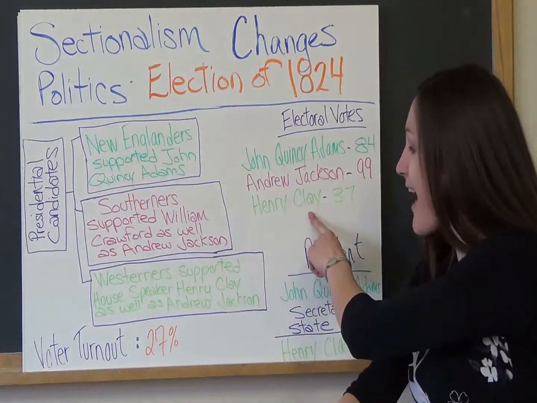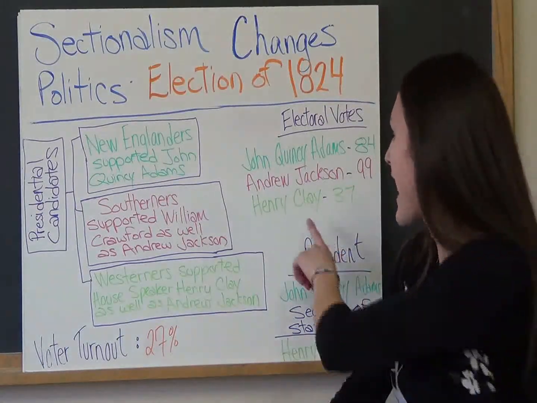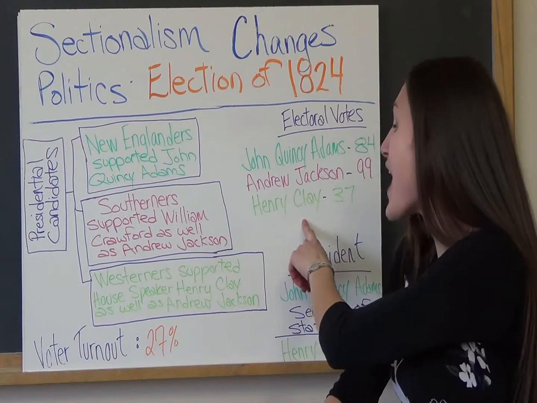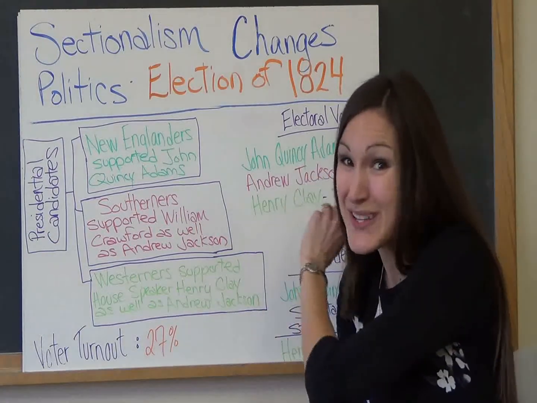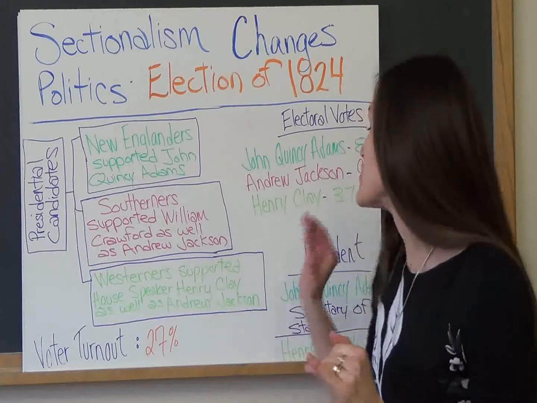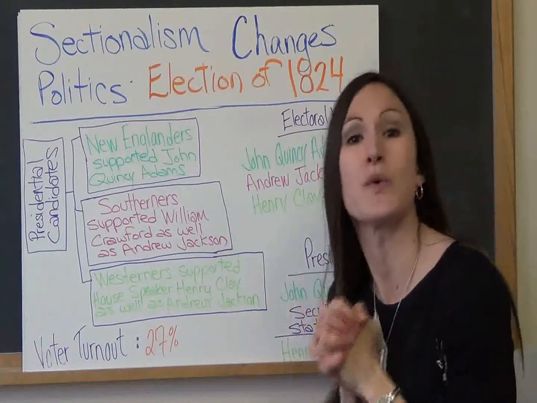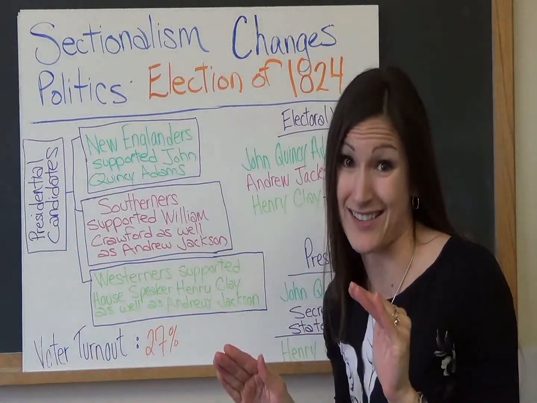Remember, Henry Clay is our House Speaker. So what happens? Henry Clay, even though he doesn't really like John Quincy Adams, he doesn't like Andrew Jackson even more, okay? So he tells his supporters, vote for John Quincy Adams, not Andrew Jackson.